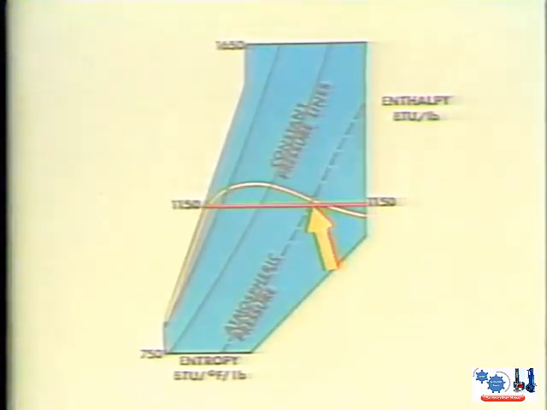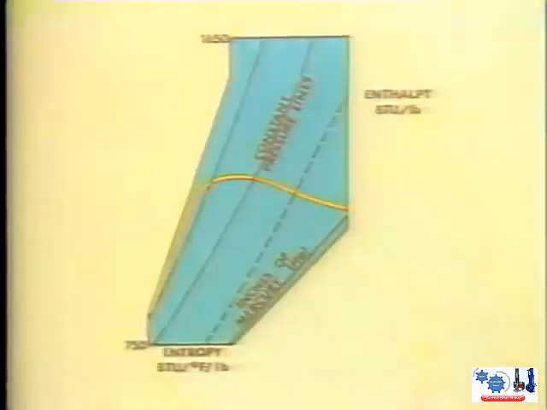Then you follow the enthalpy line out to the edge of the graph. Using this method, you find that the value for enthalpy is a bit more than 1,150 BTUs per pound. In actuality, the enthalpy value given in the steam tables is 1,150.5 BTUs per pound. For most purposes, the approximate value from the Mollier diagram will be close enough.